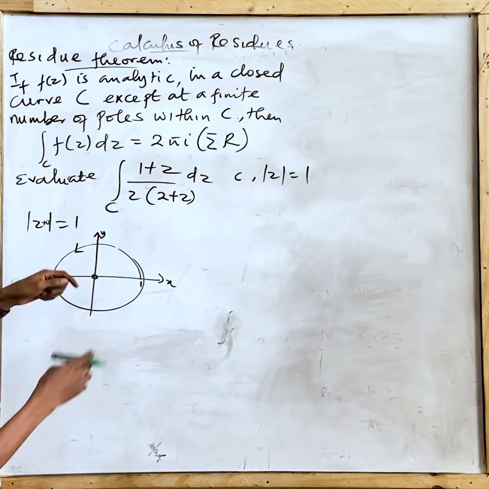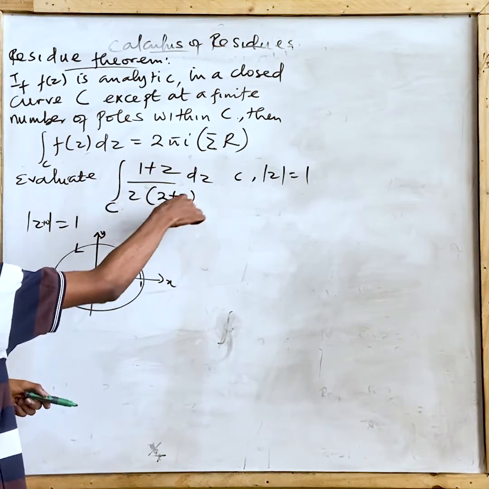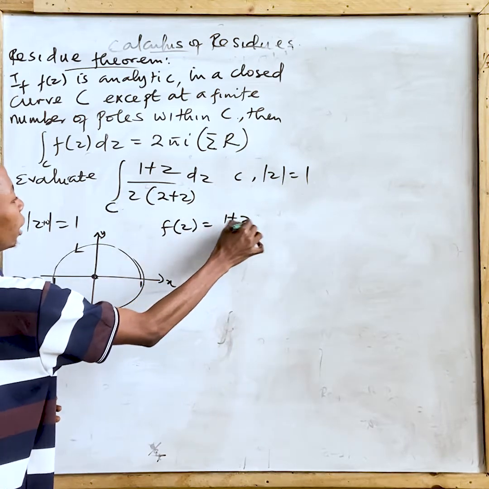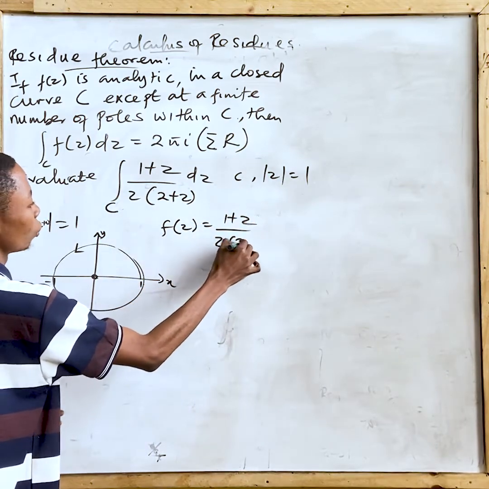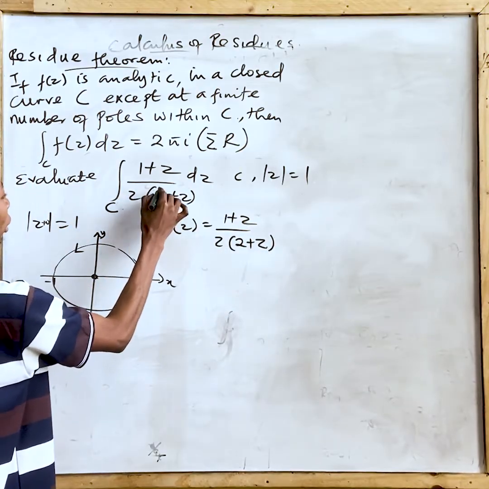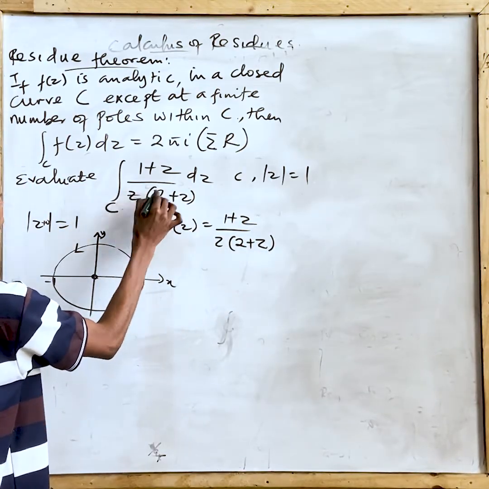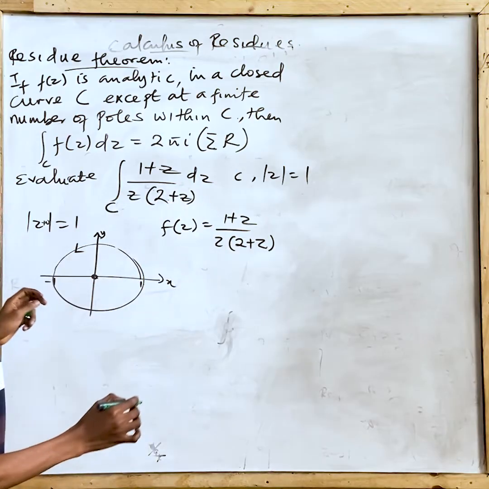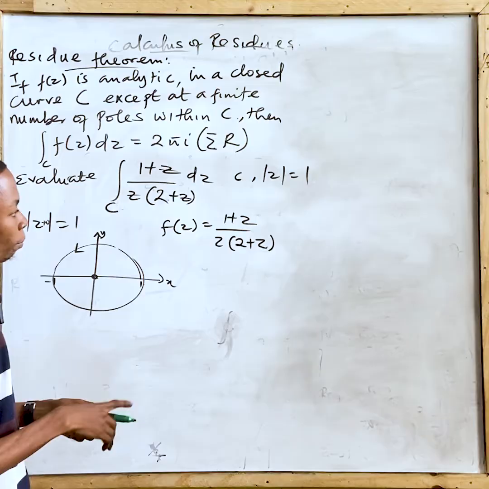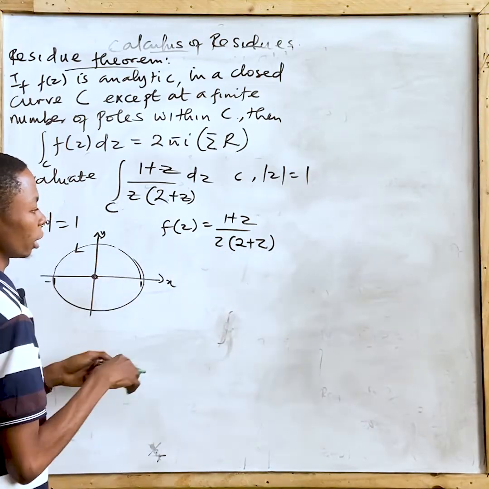After getting the contour, the function you are integrating is your f of z. From here, f of z equals (1 + z) divided by z(2 + z). Now the next thing is to obtain the poles. How do we find the poles? Poles are found when we equate the denominator to 0.